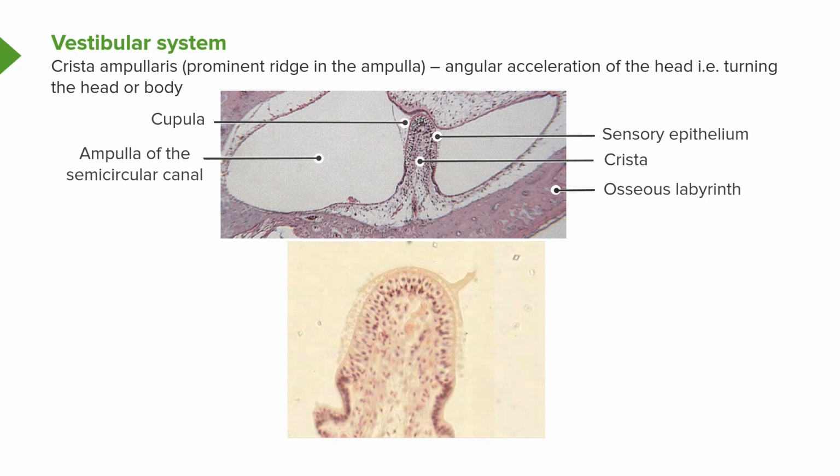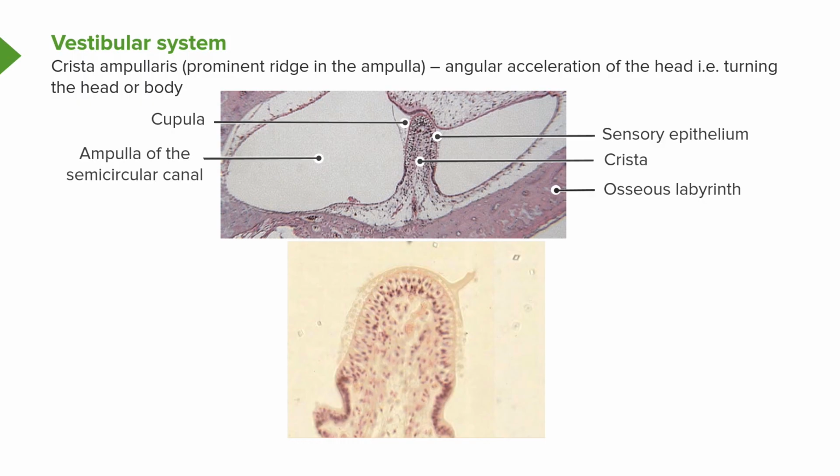You can see the bone down the bottom, the osseous component. The crista are projections of the membranous labyrinth into the endolymph of the membranous labyrinth. Remember, there's endolymph in the membranous labyrinth and there's perilymph in the osseous labyrinth.